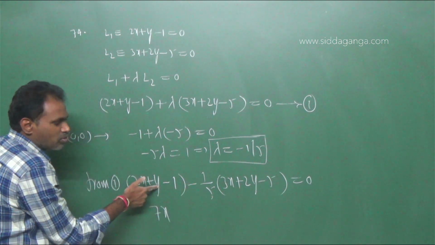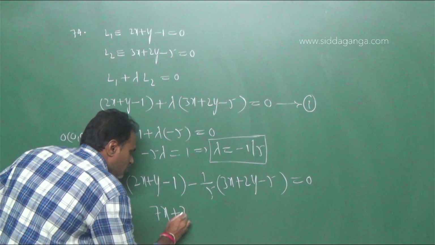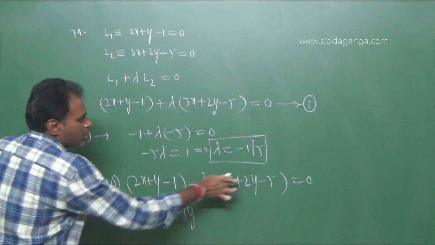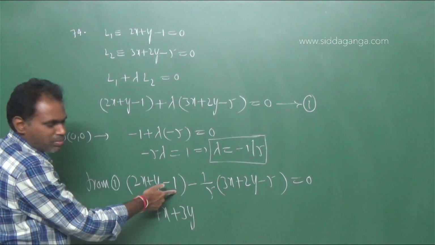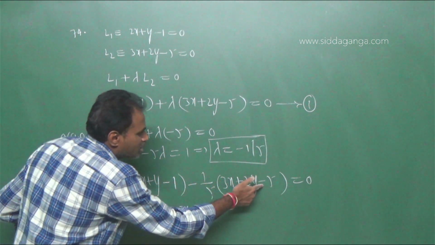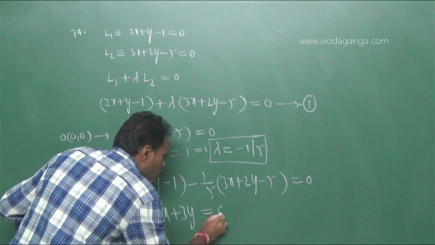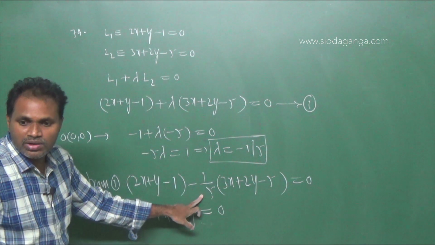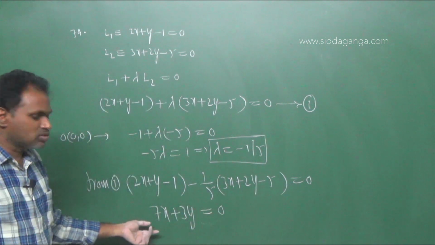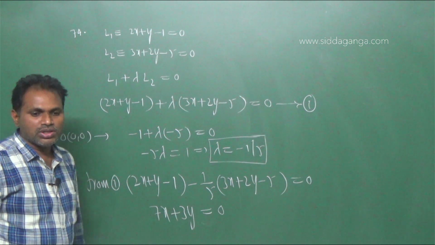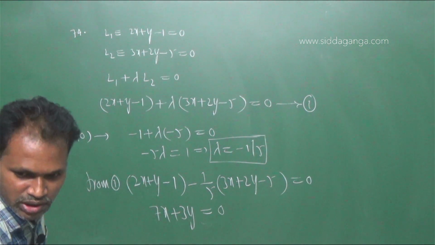Next 5 into y, 5y minus 2y, that is 3y. Next 5 into minus 1, minus 5, minus into minus plus 5. Plus 5 and minus 5 will cancel, therefore 0. LCM here 5, 5 into 0 is 0. That's why final we will get 7x plus 3y equal to 0. Therefore, option 1 is right.